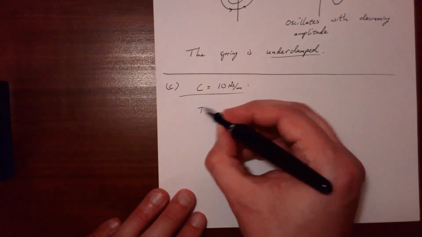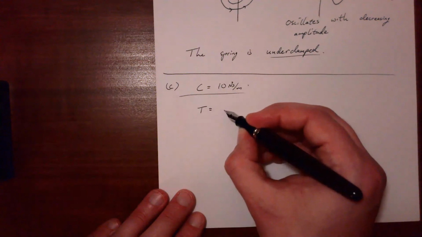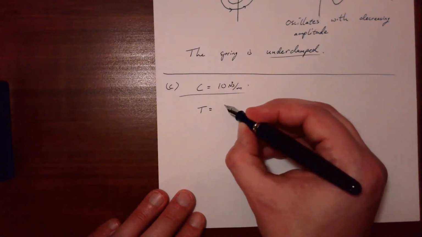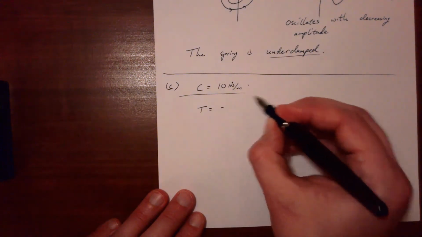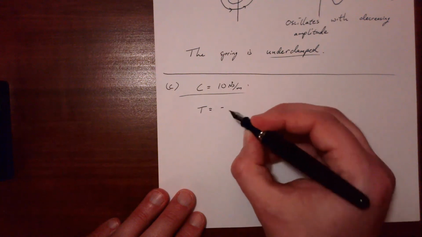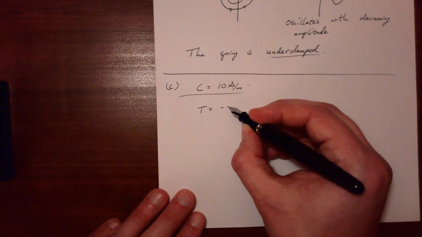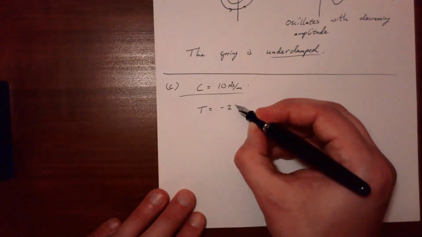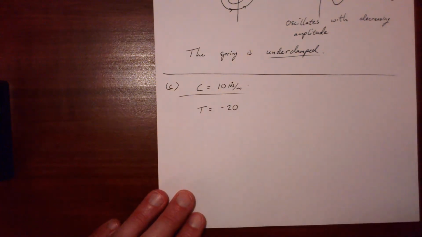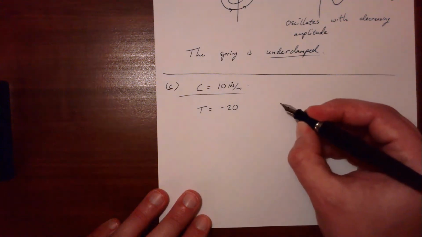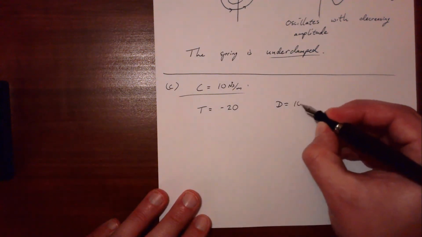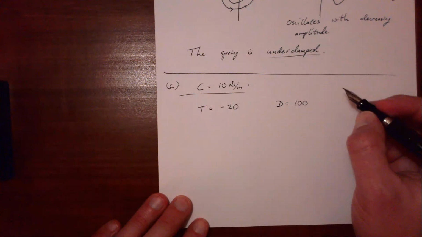And so now what's T going to equal? So T is going to equal negative C over M. So that's going to be equal to negative 20. D is going to still equal 100, as it always has.